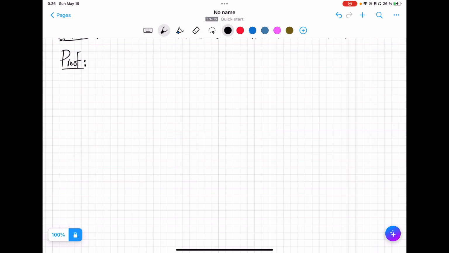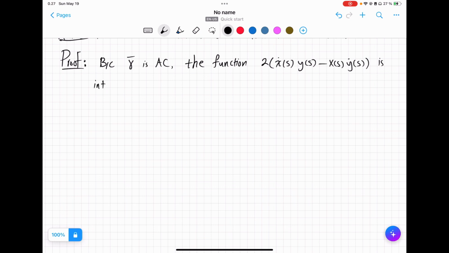So we start with the observation that because gamma bar is assumed to be absolutely continuous, the function 2 times x prime of s y of s minus x of s y prime of s is integrable.